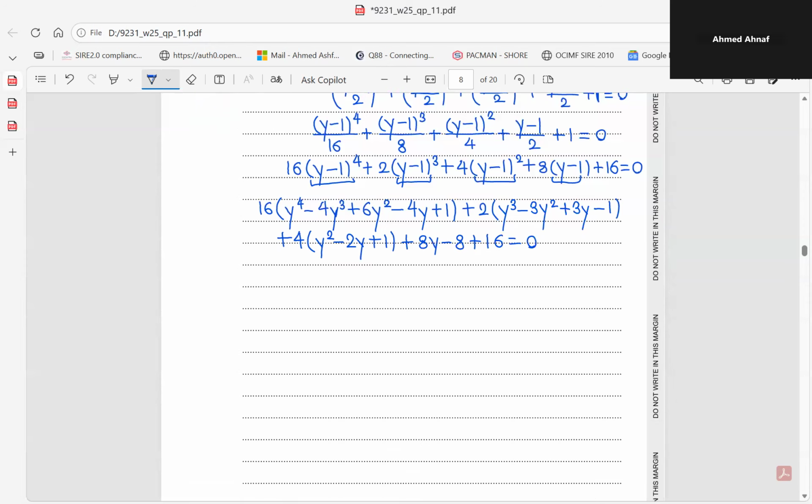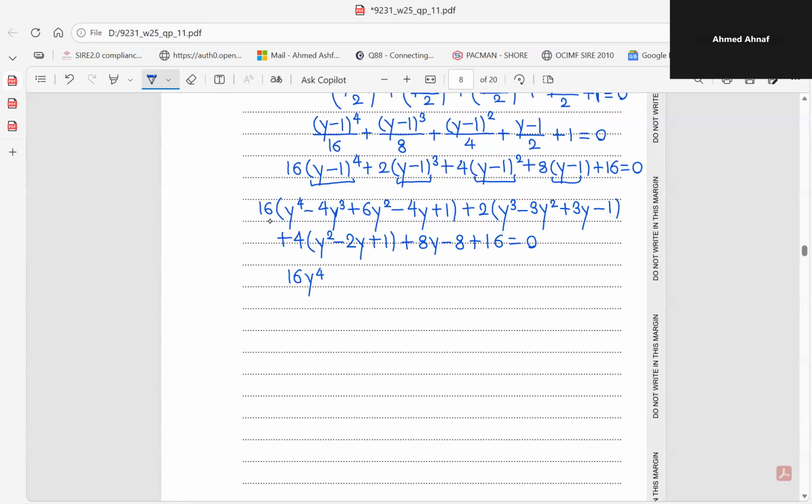Okay, so let's expand everything out. Wow. Okay, so 16y to the power 4. Let's group all the y cubed and y squared terms.